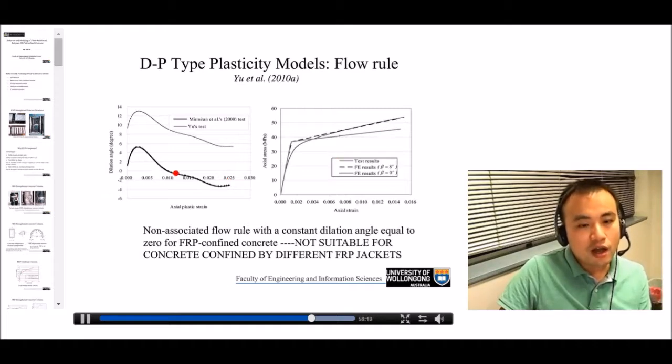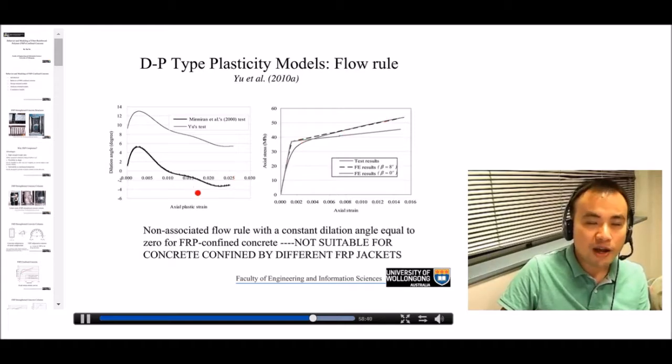Like in this case. However, for weakly confined concrete, the direction angle is always larger than 0 degree, so if you still use the 0 degree direction angle, what will happen is that you end up underestimating the performance of FRP-confined concrete, because you're underestimating the lateral expansion, so that you're underestimating the confining pressure.